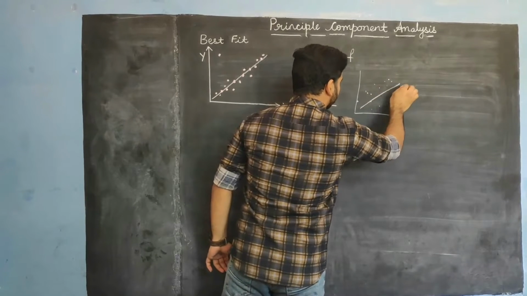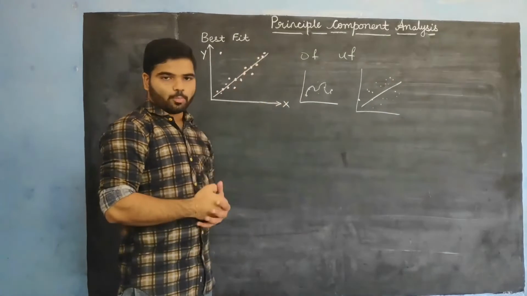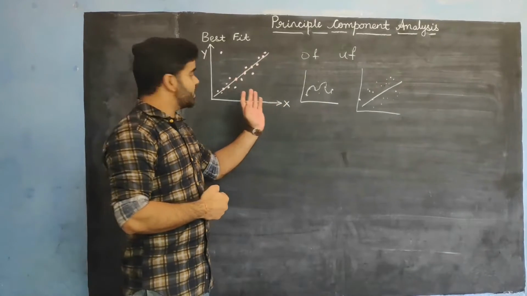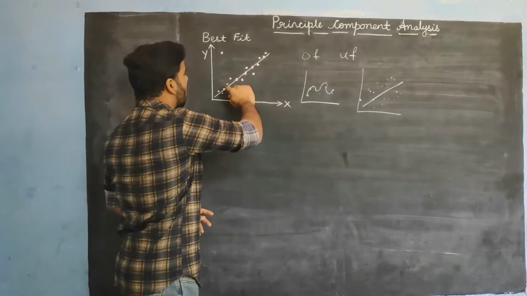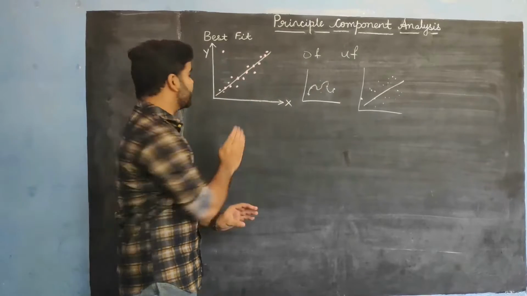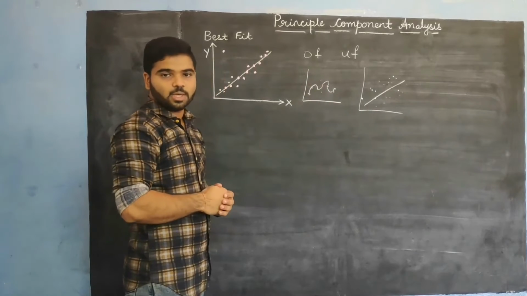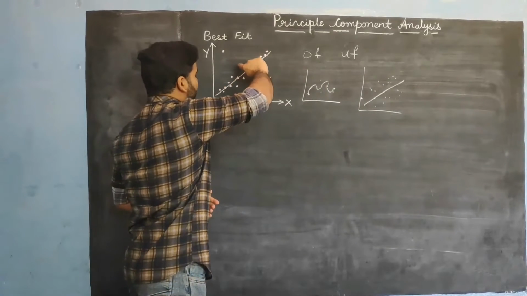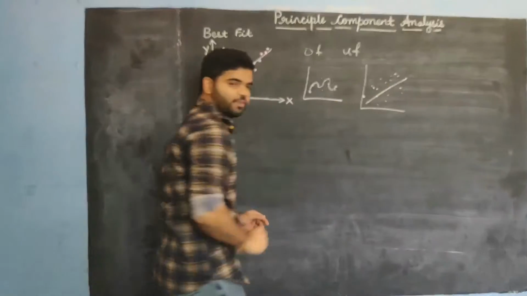It is far away from almost all the data points, whereas principal component analysis gives us the best fit line or the best fit model that satisfies almost every data point but not every data point, because if it is satisfying every data point, it gives rise to overfitting, or else if it isn't satisfying as many data points as required, it is going to lead to underfitting.